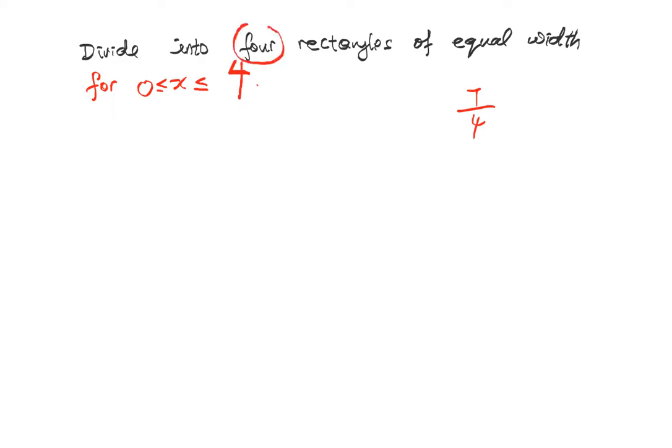Instead of saying 4, you use the word more rectangles. Example, 4 rectangles. Then of equal width for this interval. Are you clear? Almost correct. Then your one mark flies.